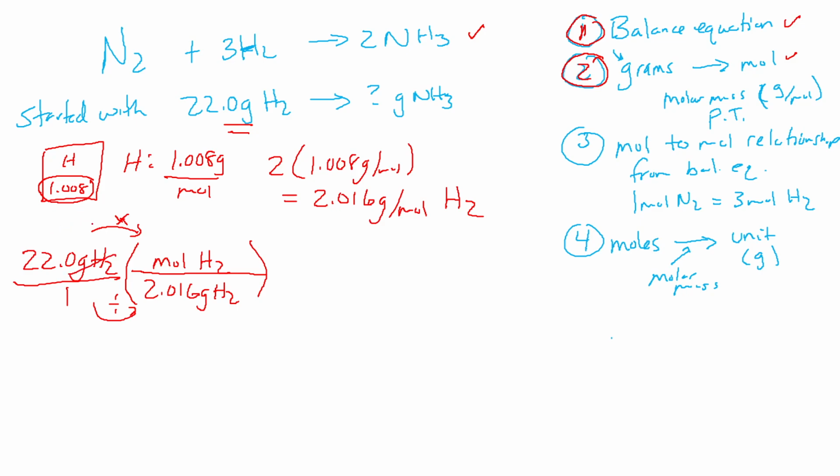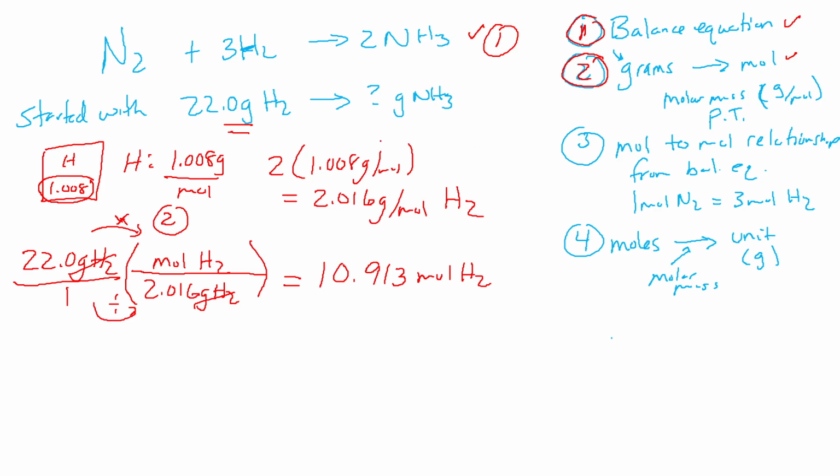And when we do that, the grams of H2 will cancel. And if you get a number at this point, you will get 22 divided by 2.016. It's going to get you 10.913, I won't round too much, moles of H2. So that is step number 1. That is step number 2.